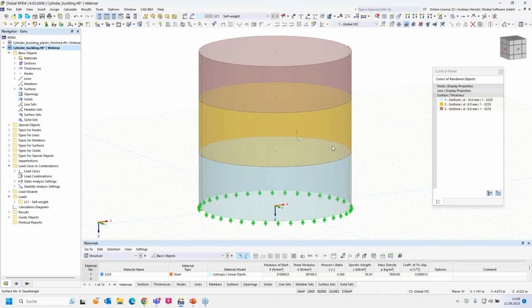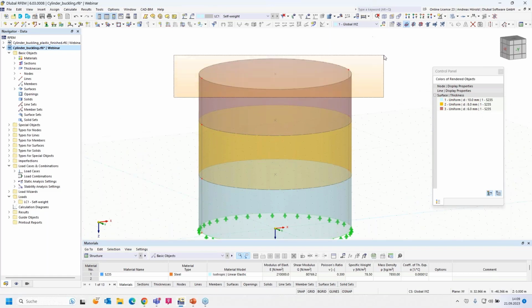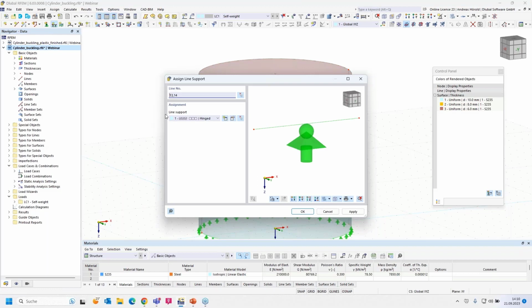Okay, now you can see the different colors also in the panel. I need to define the line supports on the upper side. Here, left above, assign line support, and I create a new one.